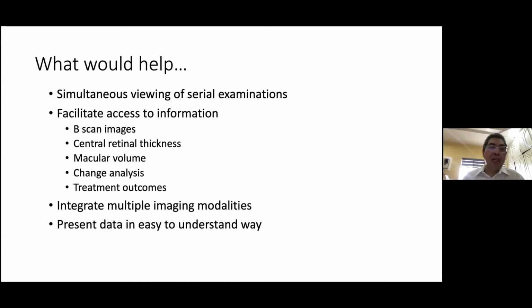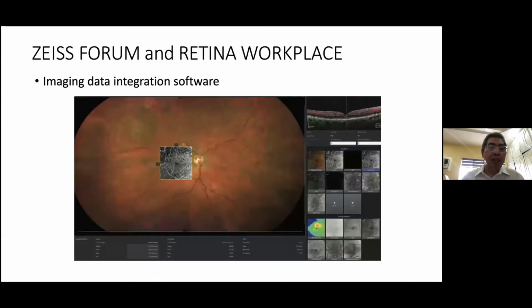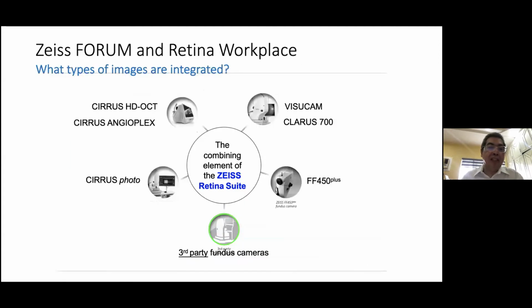So what we need is a way to view all of the serial examinations in one screen, see the important information readily, integrate the results from multiple imaging modalities, and very importantly, to be able to present that data in an easy to understand way to our patients. This is where the ZEISS Forum and Retina Workplace comes in. These are imaging data and integration software, which makes our life easier.